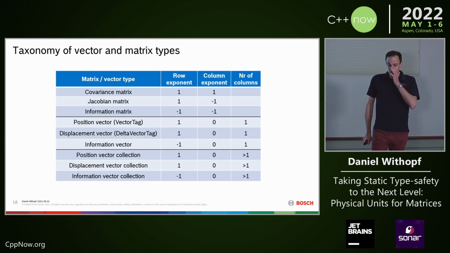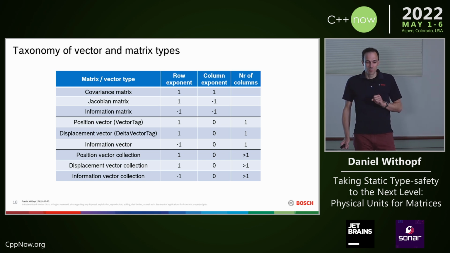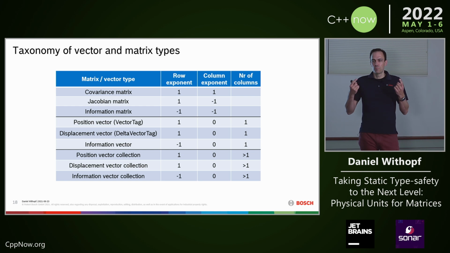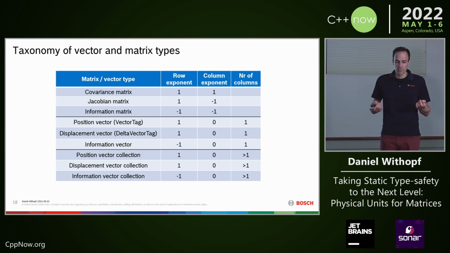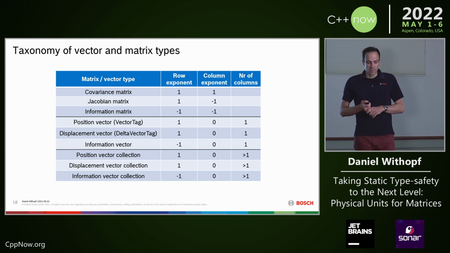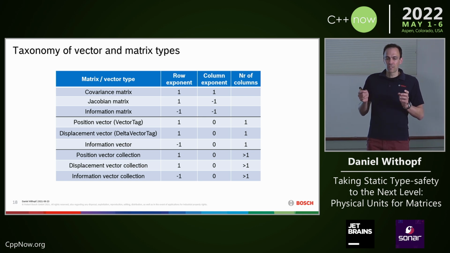Good, this is the full taxonomy of all vector and matrix types. Here on the top we have the covariance matrix, both exponents are 1, and the Jacobian that we've seen. There are information matrices which have both row and column exponent -1. We've seen position vectors, displacement vectors, and an information vector. The last block are what I call vector collections.